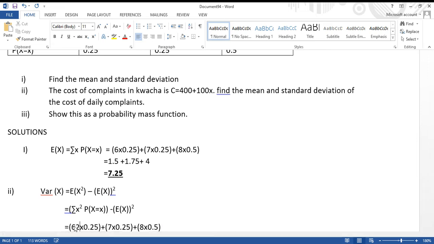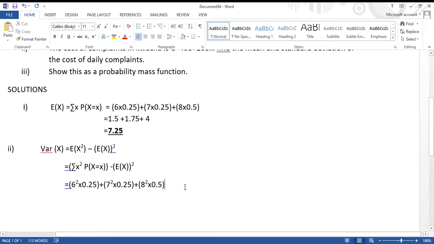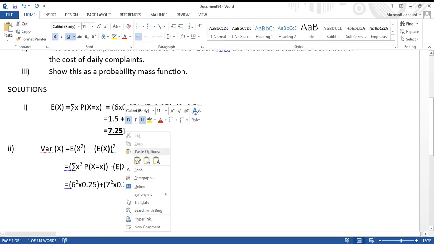Right, so it's going to become 6 squared times 0.25, 7 squared times 0.25, and 8 squared times 0.5. And then we subtract that from our random variable, but we're going to square it. So 7.25 squared.